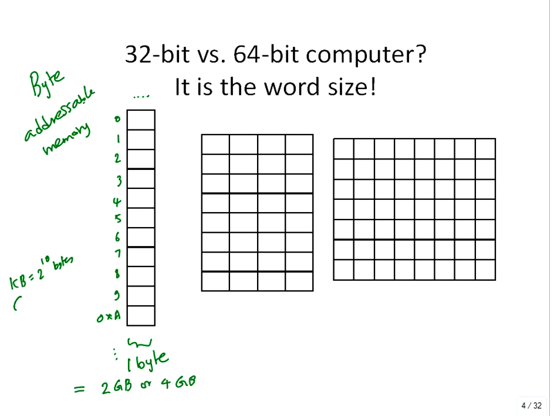Megabyte is 2 power 20 bytes. Sorry, and gigabyte is 2 power 30 bytes. You can see it's going up by 10, because MB is nothing but kilobyte into kilo, 1024 into 1024. Gigabyte is 1024 into 1024 into 1024. Remember, 2 power 10 is 1024.